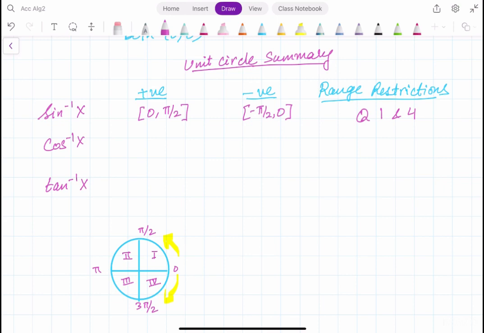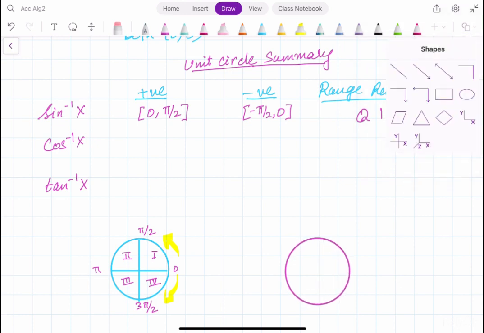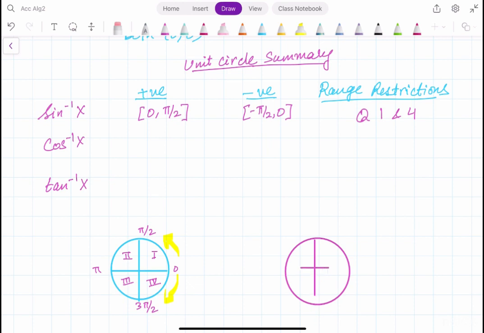On the same hand, for cos, let's construct another teeny tiny unit circle really quick. Let me construct the lines again. Okay, much better. So we have quadrant 1, 2, 3, and 4.